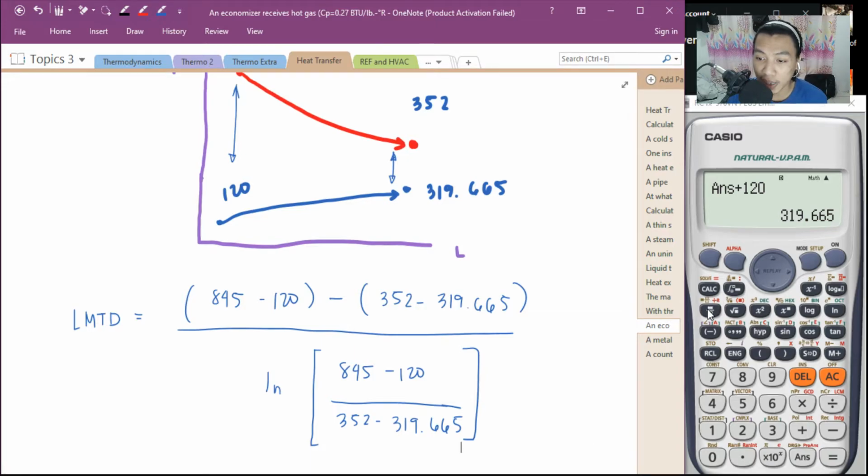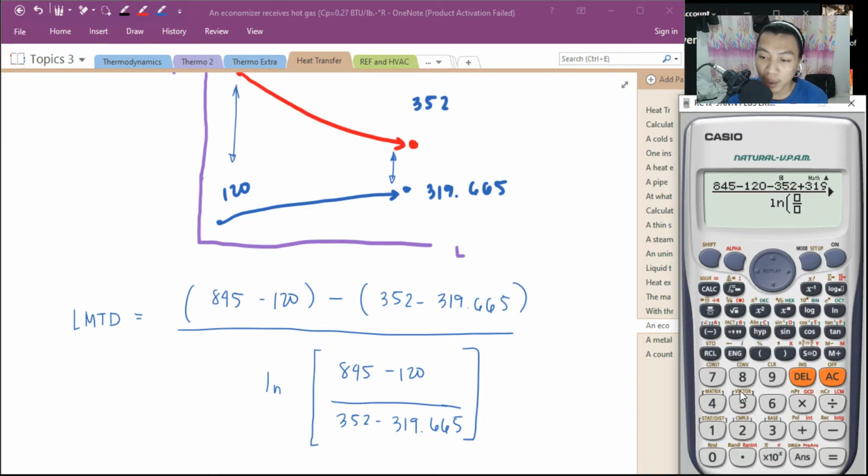Let's solve it one by one. LMTD equals 845 minus 120 minus 352 plus 319.665, then the natural logarithm of Tmin and Tmax: 845 minus 120 divided by 352 minus 319.